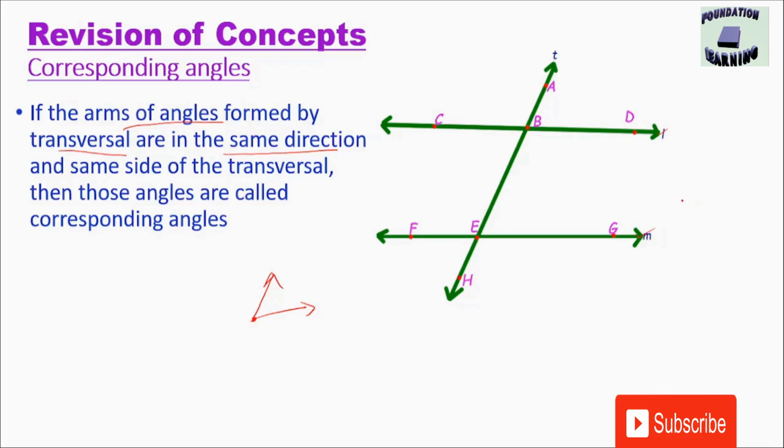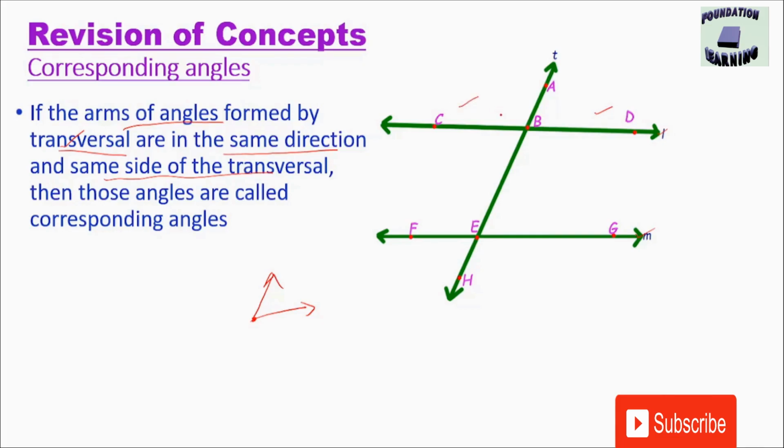So we'll understand the various types of corresponding angles. But first understand what it means if the arms of the angles formed by the transversal are in the same direction and the same side of the transversal. Remember, there are two sides. This is a transversal. You have this side, the right side, and the left side.